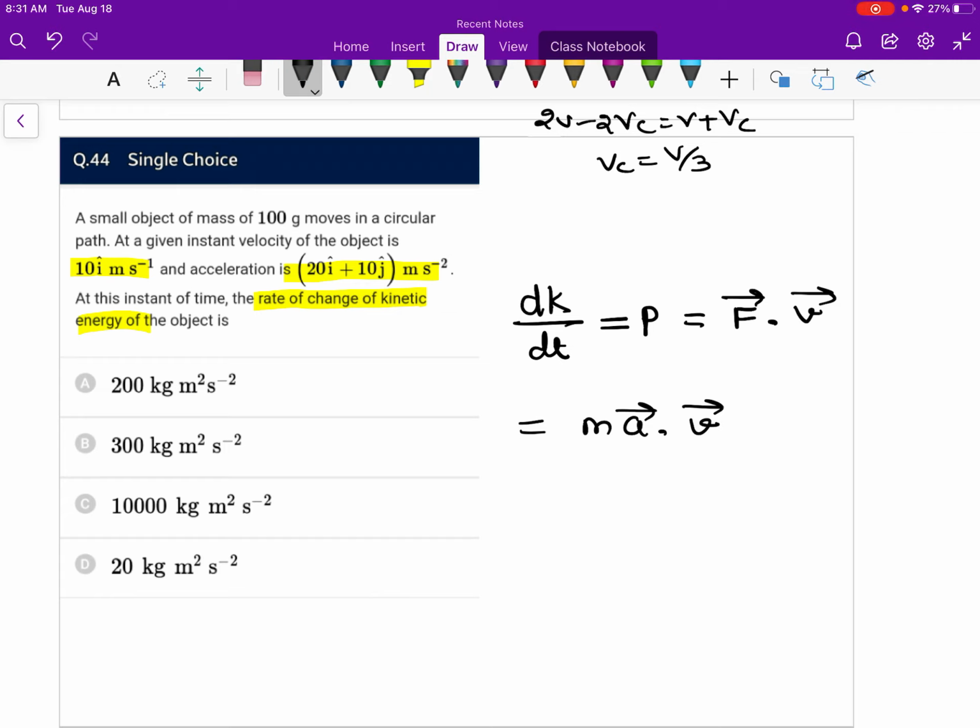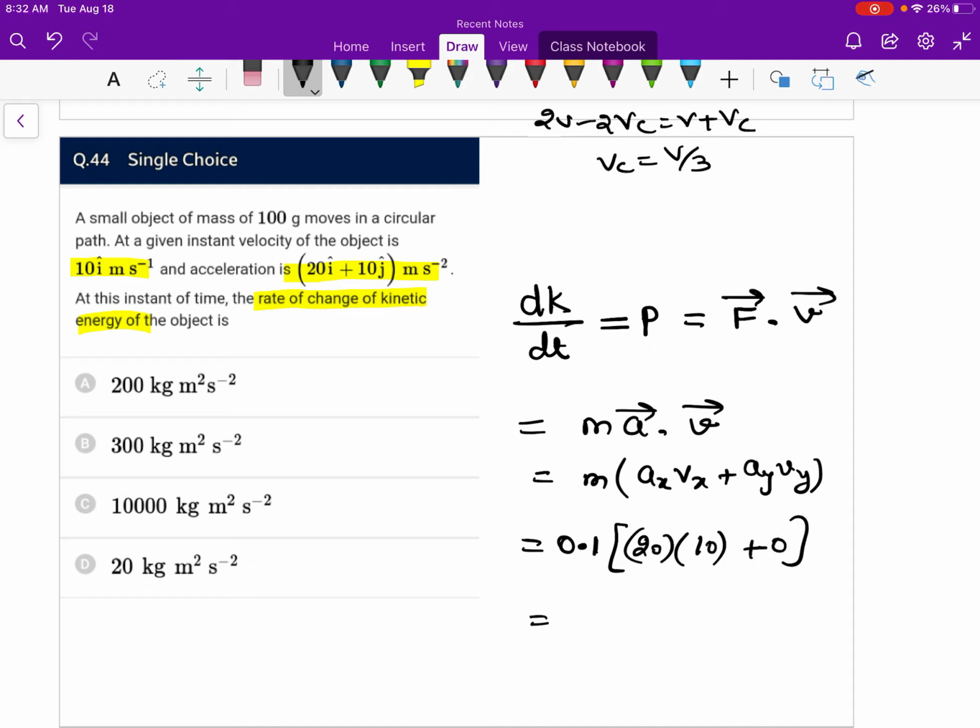Now v is in i cap and a vector is in i cap as well as j cap, so this will be ax vx plus ay vy. m is 100 grams, 0.1, ax is 20, vx is 10, ay is 0, so 200 into 0.1, so 20 watt, which is kilogram meter square per second cube. So 20 is the correct option.